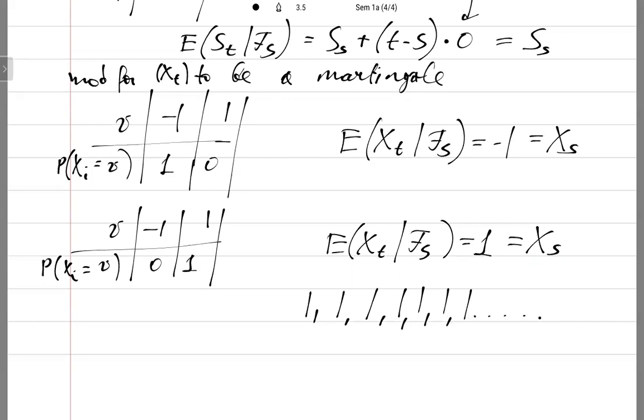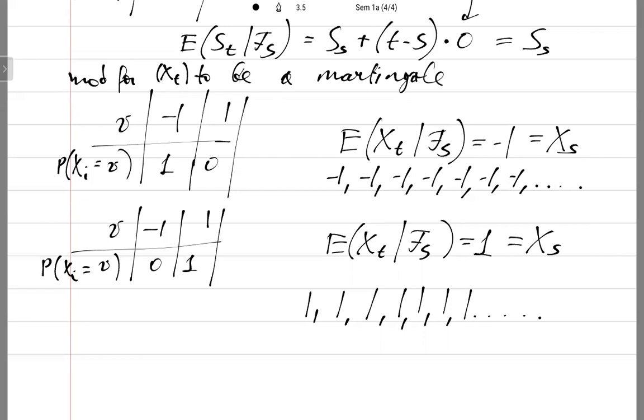It is always one, and my best guess of future value is current value because it never changes. The value of the process is always the same, so the best guess of future value is current value.